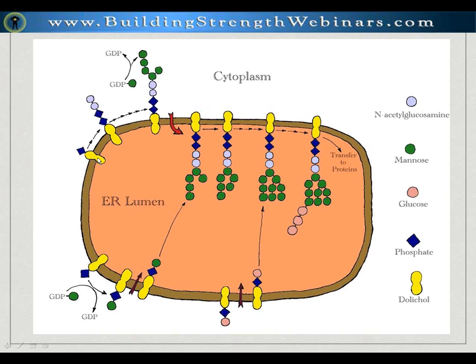Well, it's fascinating how this dolichol can flip in and out of the endoplasmic reticulum, and you start out with some sugars on the outside, some on the inside, and you make the glycoproteins that are the cellular words that are transferred to the cell surface and may be released or used within the cell to communicate to other cells. So this is a very, very wonderful system.